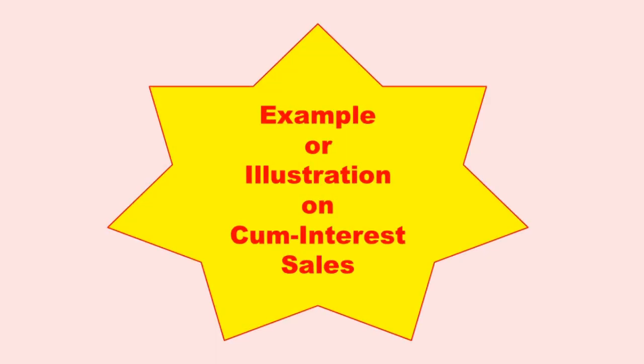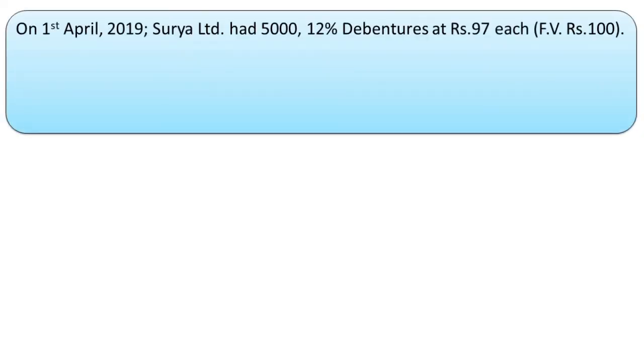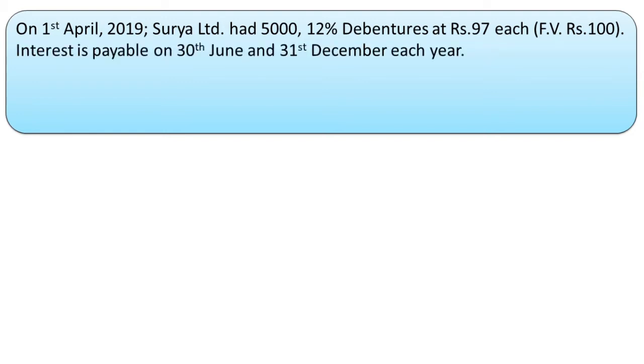Let us start with an example or illustration on cum interest sales first. On 1st April 2019, Surya Limited had 5,012% debentures at Rs 97 each, face value Rs 100. Interest is payable on 30th June and 31st December every year.